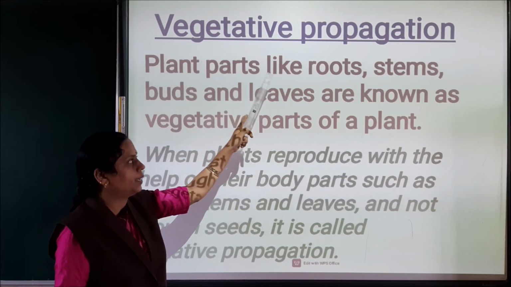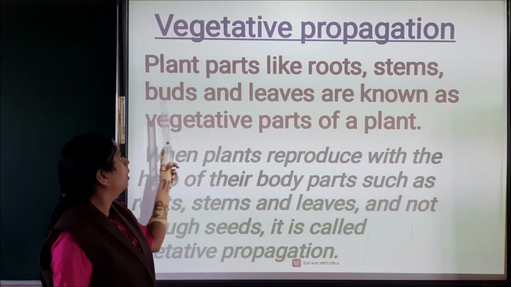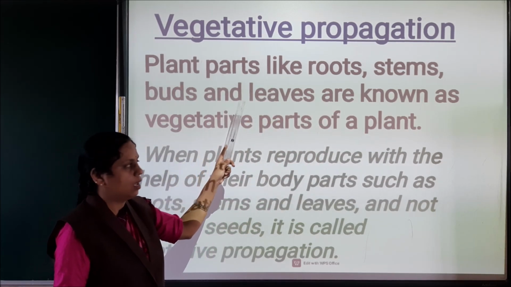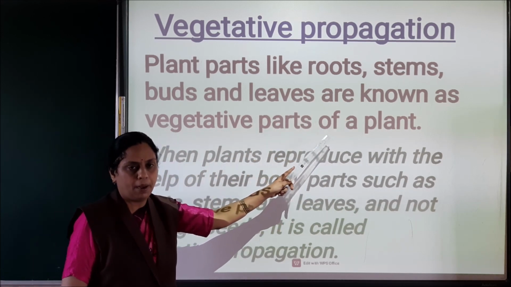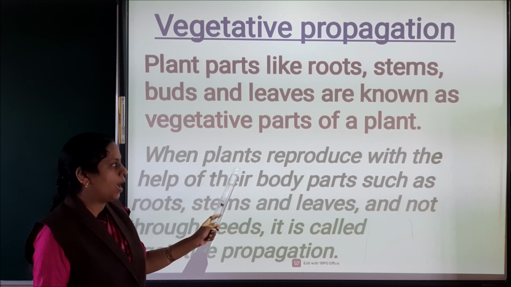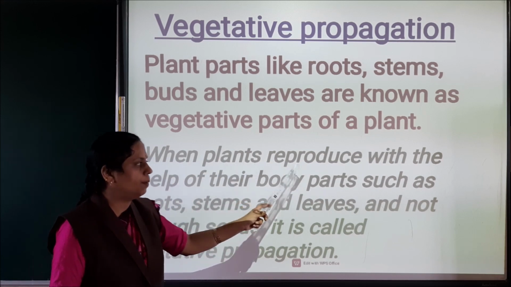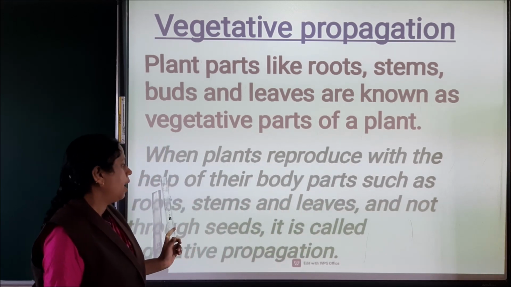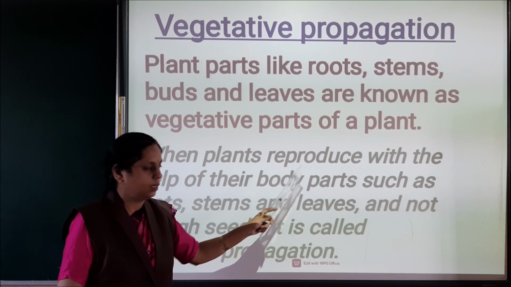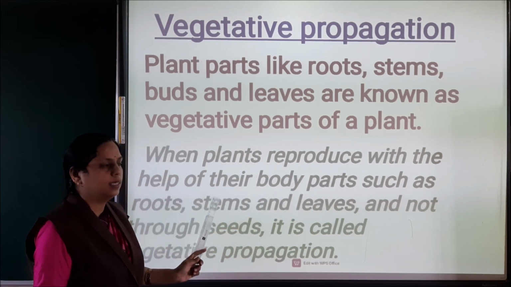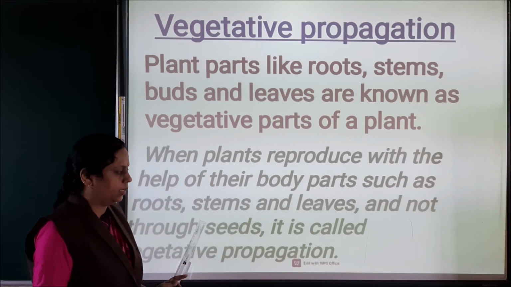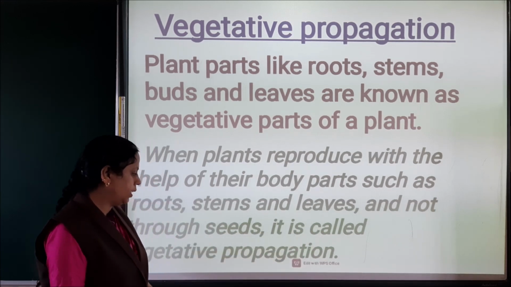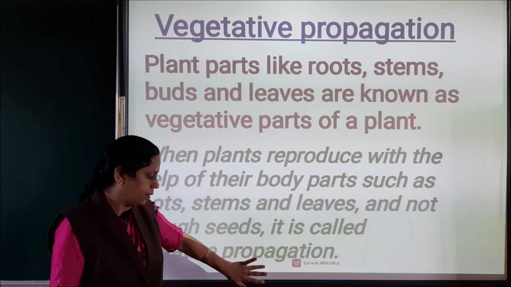Plant parts like roots, stems, buds and leaves are known as vegetative parts of a plant. When plants reproduce with the help of their body parts such as roots, stems and leaves and not through seeds, it is called vegetative propagation.